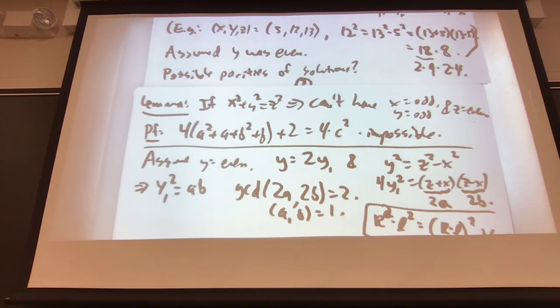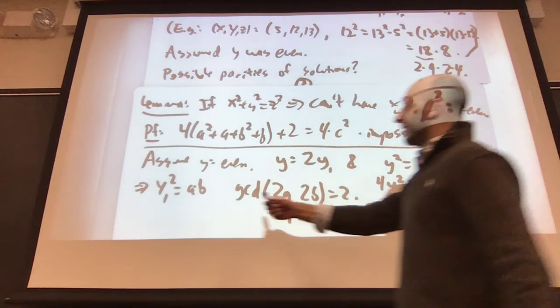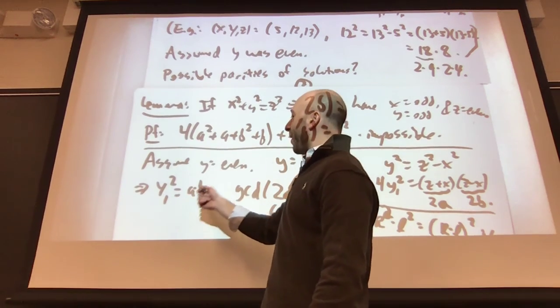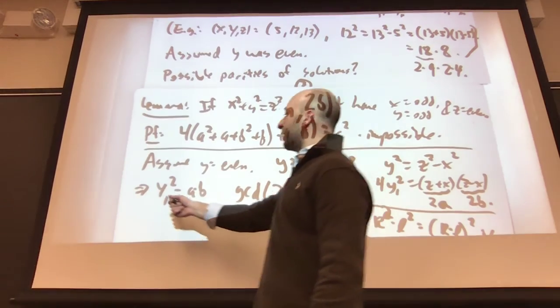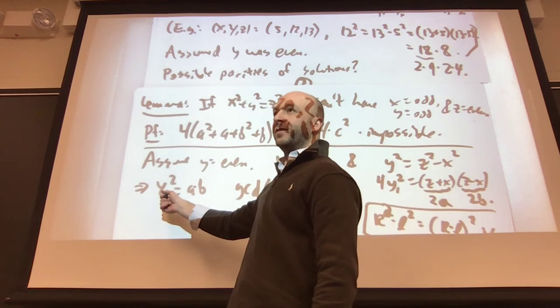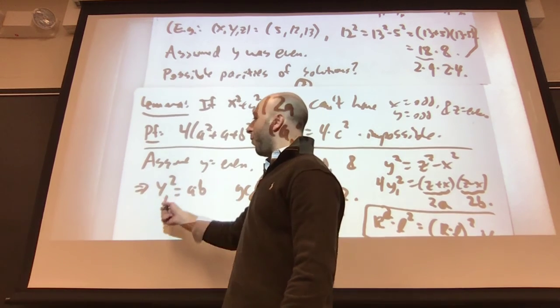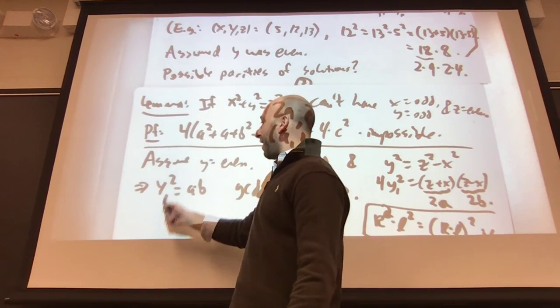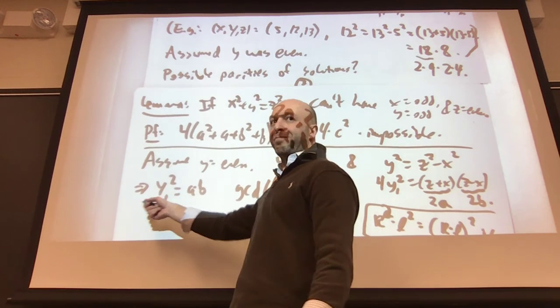So what am I trying to get you to conclude? Is it that A is itself a square and B is itself a square? Think about the prime factors of the number y1 squared. Whatever y1 is, it's some primes, and now you're squaring it, which means you're doubling the power of each prime.